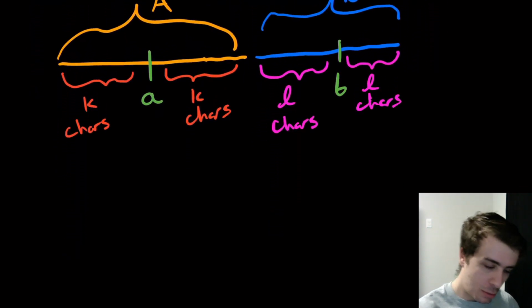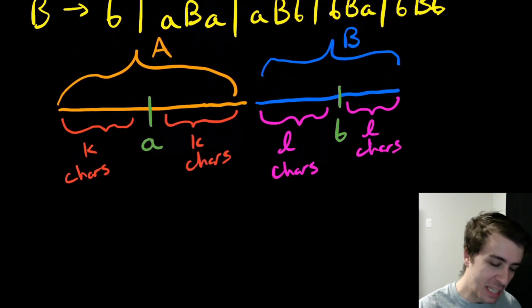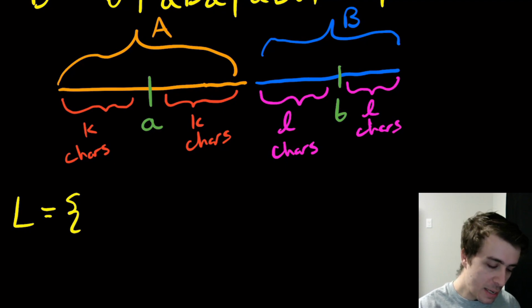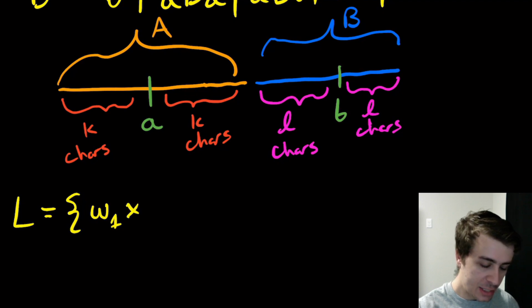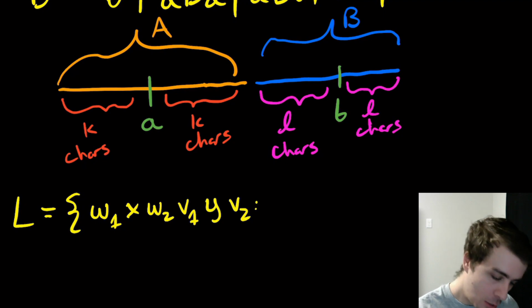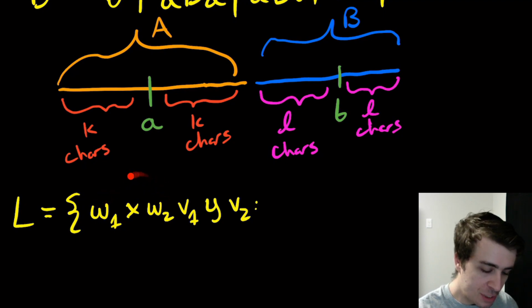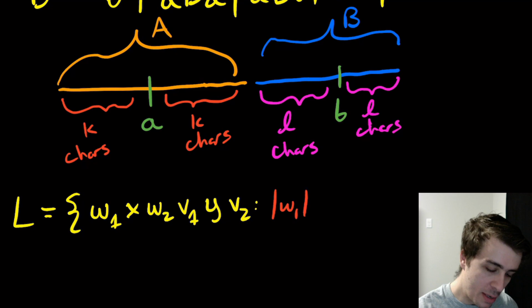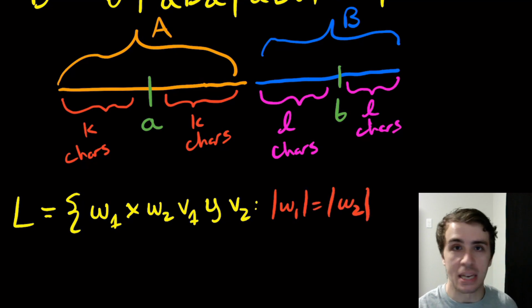All right, so let's actually define what this language is. So the language, so to speak, is going to be, it turns out, W1, then X, then W2, then V1, Y, V2. And what are the conditions here? Well, the sides on both sides of the W right here have to have the exact same length. So W1 and W2 have the same length, but they do not have to be the same string at all, right?